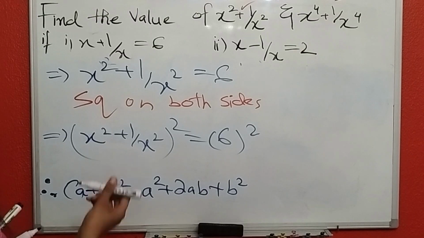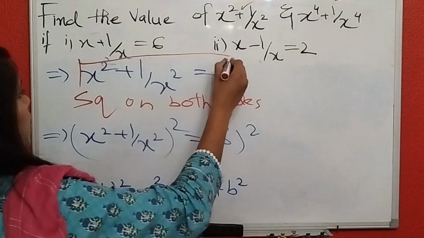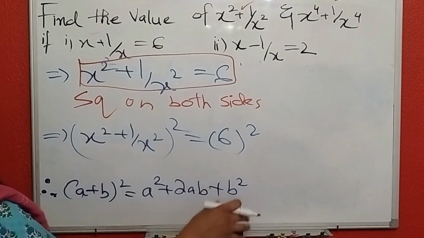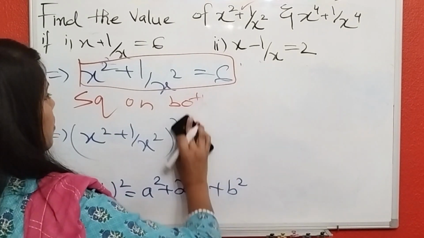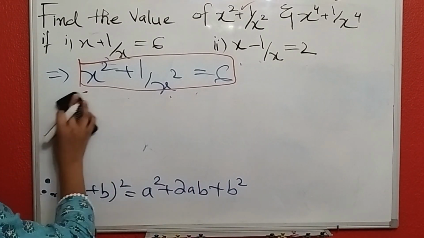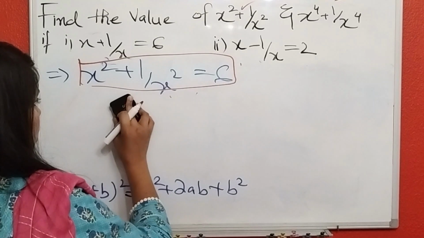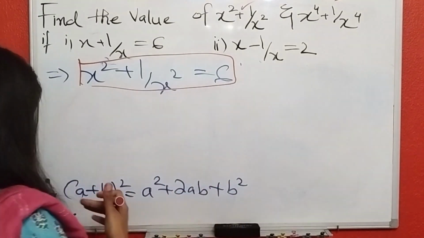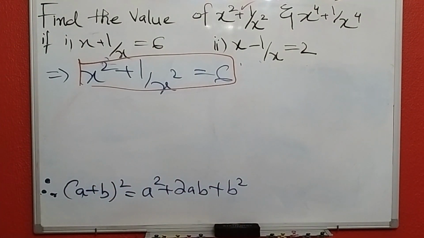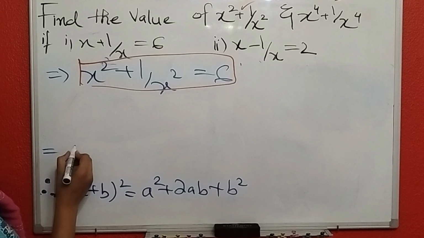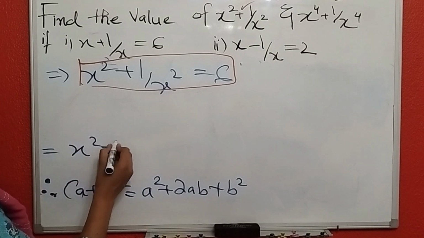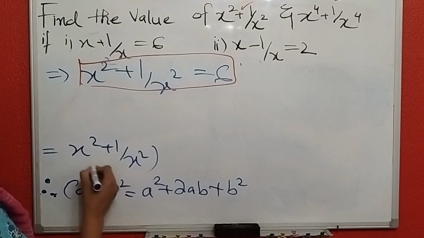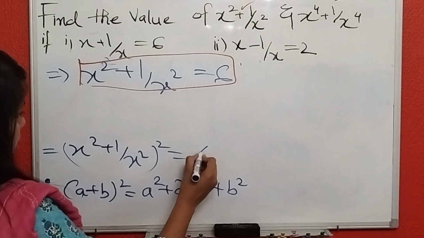Okay, I'm going to take this aside. Okay, for doing further steps, oh sorry, I have erased the previous step. The previous step is x square plus 1 over x square whole square is equal to 6 whole square.